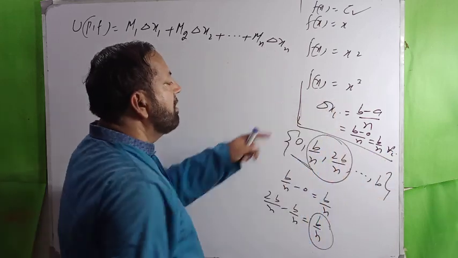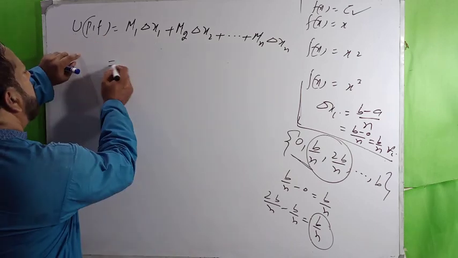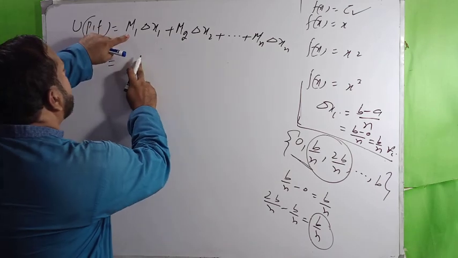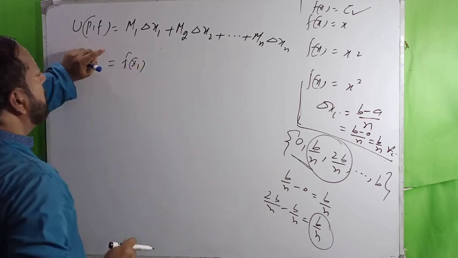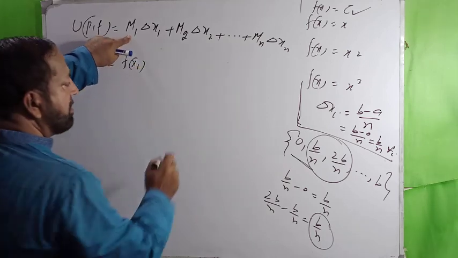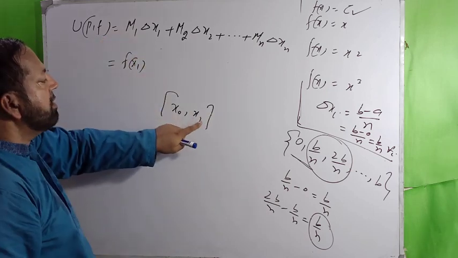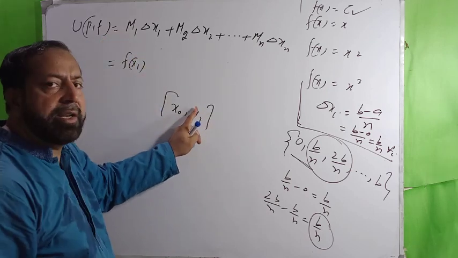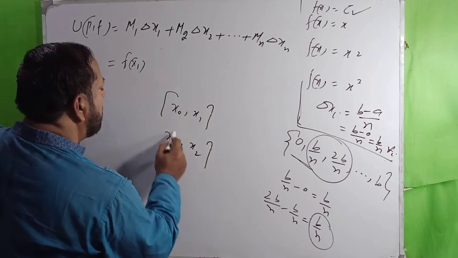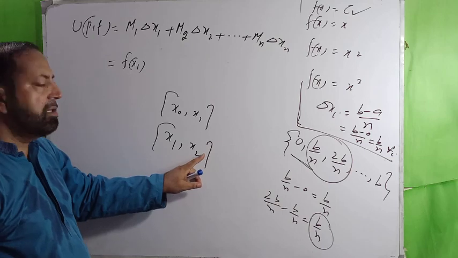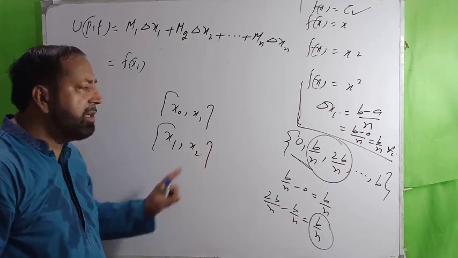This was the length of every subinterval. So what is M1? M1 is in fact f(x1), since the first interval is [x0, x1] and since the function is increasing, at x1 you get the maximum value. The second interval is [x1, x2], and since the function is increasing, you get the maximum value at x2, right? And so on and so forth.